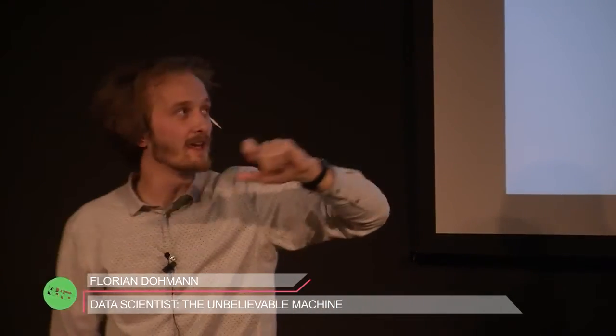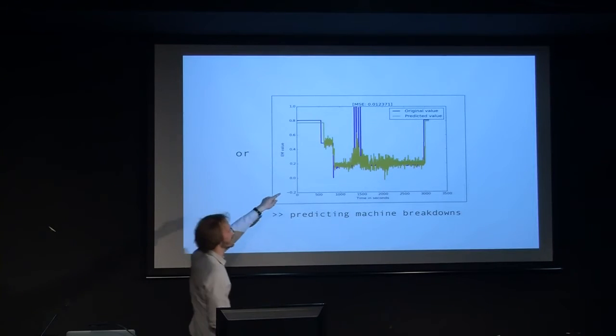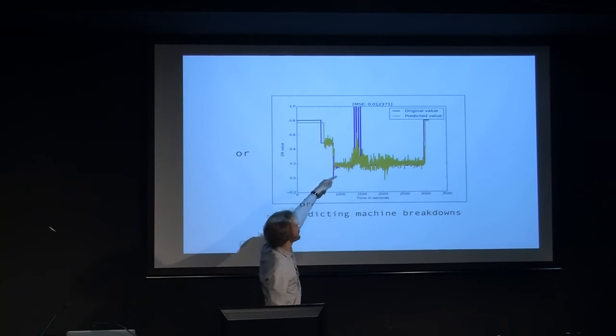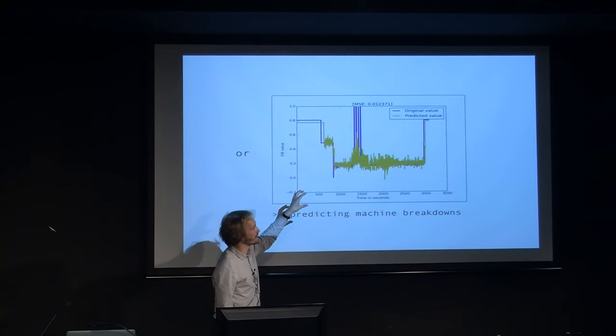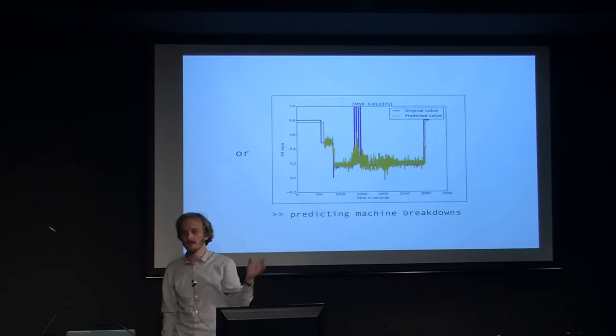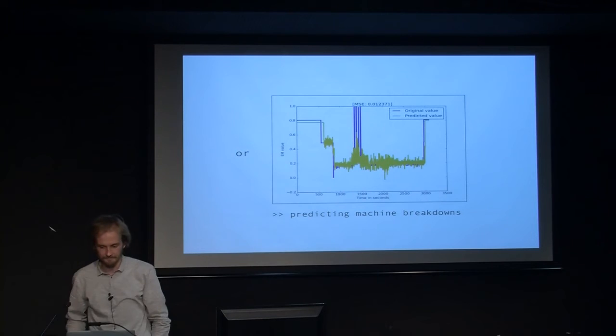So how good is the prediction that we created on the model based on data that we trained the system with in comparison to the real values about the real breakdowns. And when this is very close, and here it is very close, you see between yellow and blue there's not such a big difference. You can use that afterwards to predict, for example, machine breakdowns.